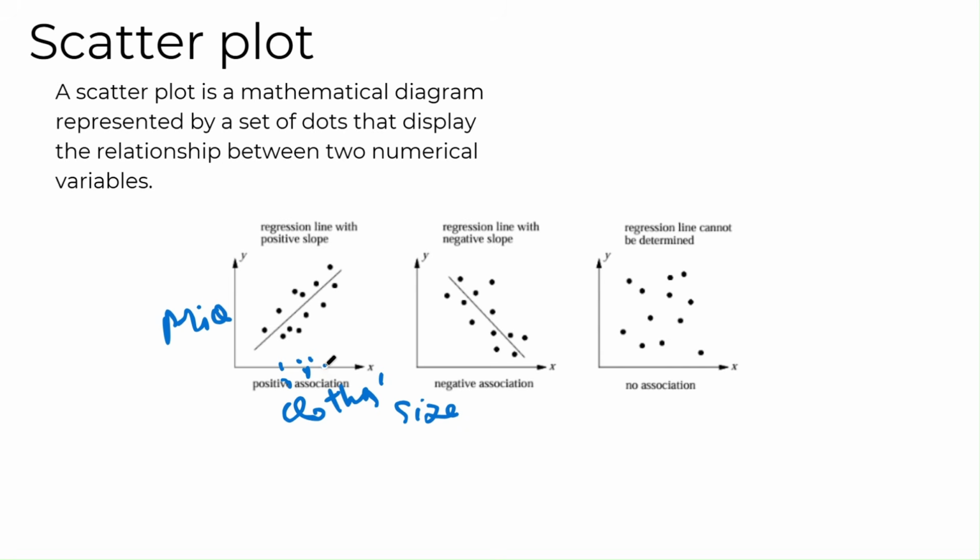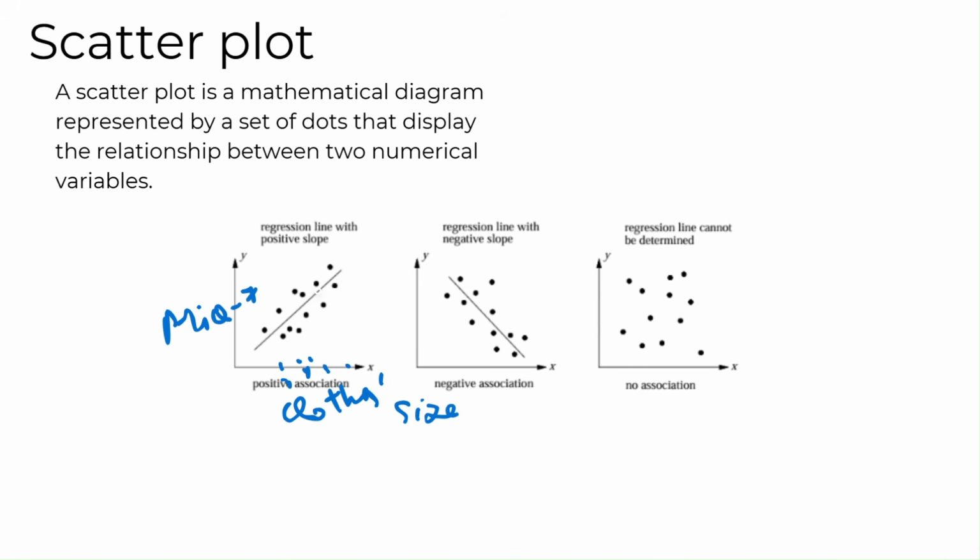This one is 4, approximately 5, and it goes to 7. It approximately shows that as the clothes size increases, their price also increases. For example, at this one, the price of the clothes, let's say, is $7. I don't know, at size 5. This is how we understand scatter plots.